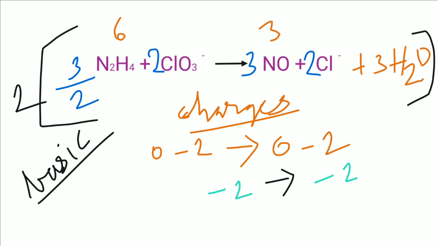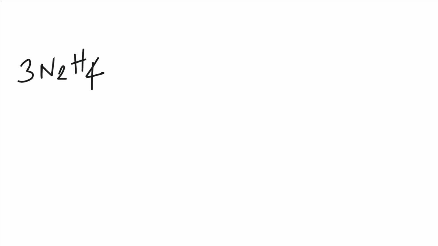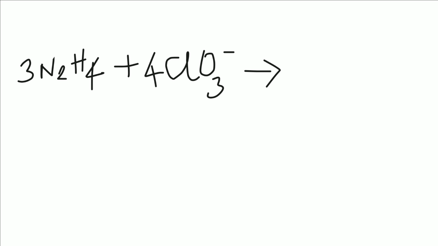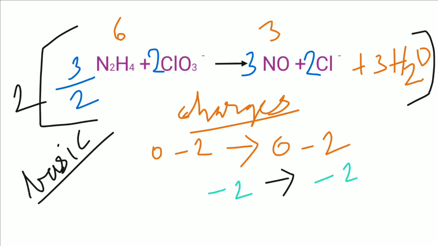2 moles of chlorate will become 4 moles of chlorate, ClO3 minus, which gives on the right hand side 3 moles of nitric oxide multiplied by 2.